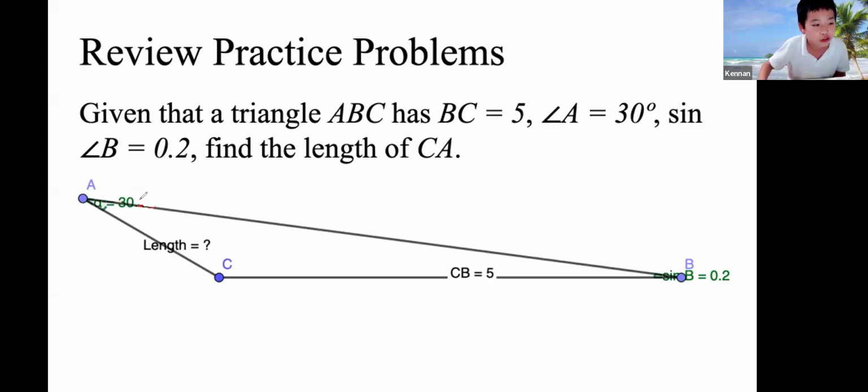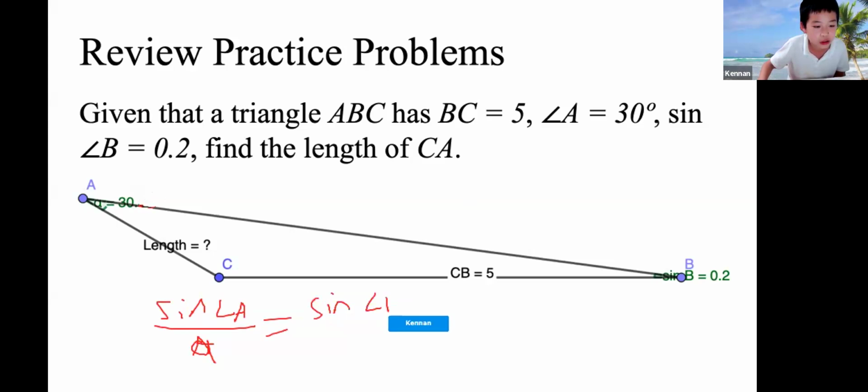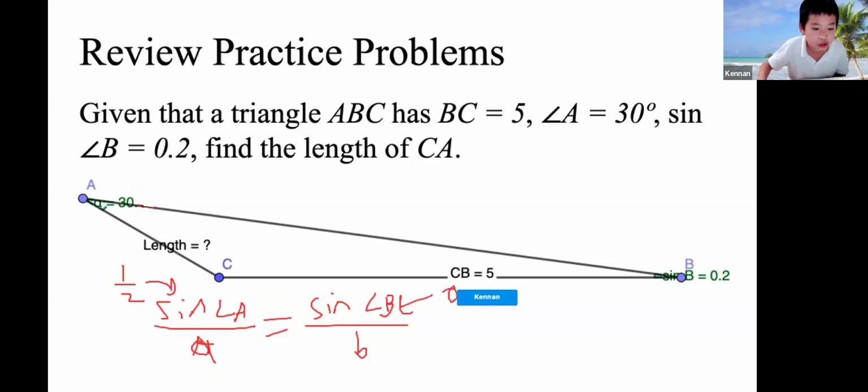By the law of sines, sine of angle A over the actual length a equals sine of angle B over the actual length b. By our given definition, sine A is 1/2, and we know sine B is 0.2.